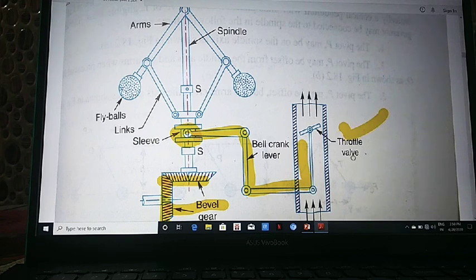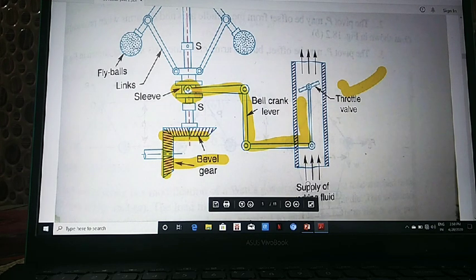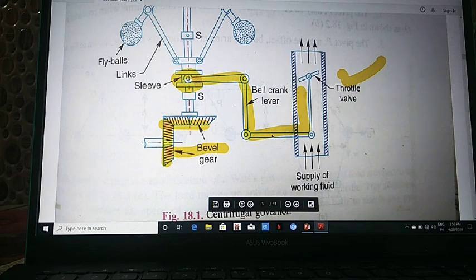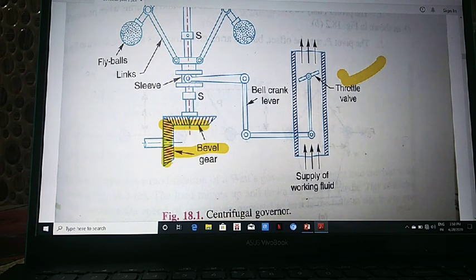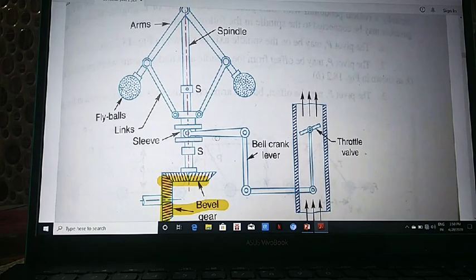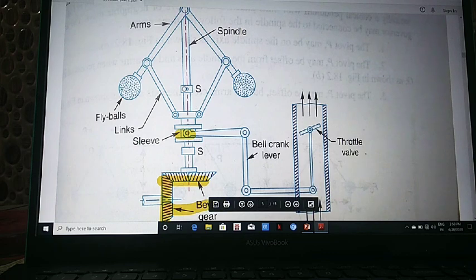It is the most important valve which controls the supply of the working fluid. So in this way, the detailed construction is done in a centrifugal governor, and this sleeve can move upward or downward. Hence, two stops are provided in order to control the movement of the sleeve.